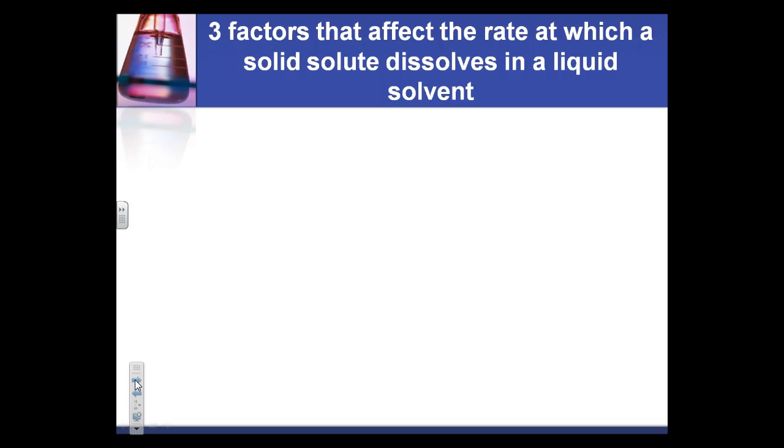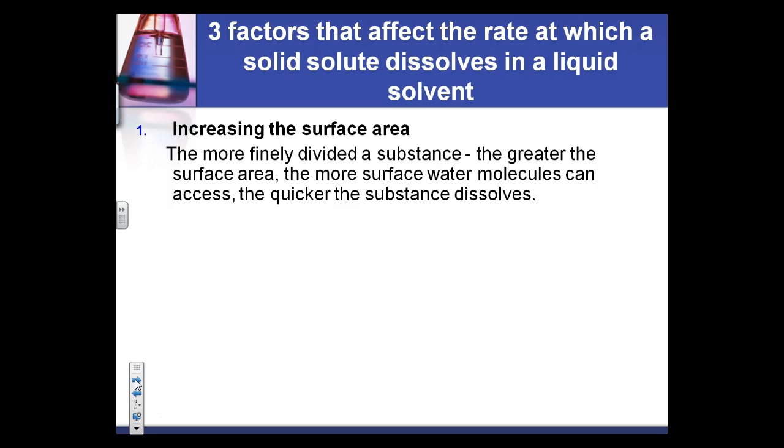I'll go through them again here. So increasing the surface area. If I have a sugar cube, when I put this in water, water can only get to those sugar particles that are on the surface. There are still sugar crystals on the inside of that cube that don't have access to the water, so they won't dissolve.